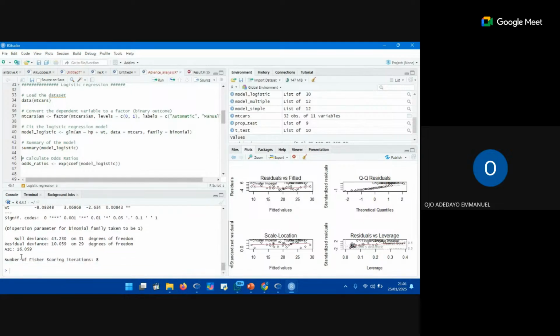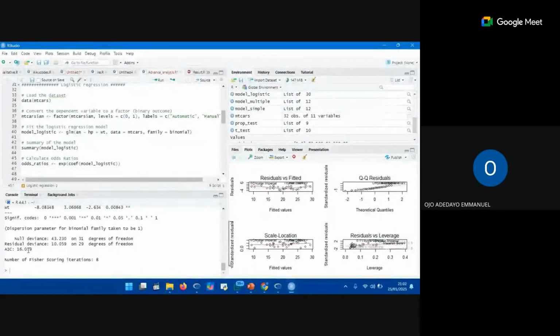Then in logistic regression, we have the AIC, the Akaike information criteria. Let's say I have another model, or another data that I use to model, related to cars, and they want to see which one they should take between my model and the other model.